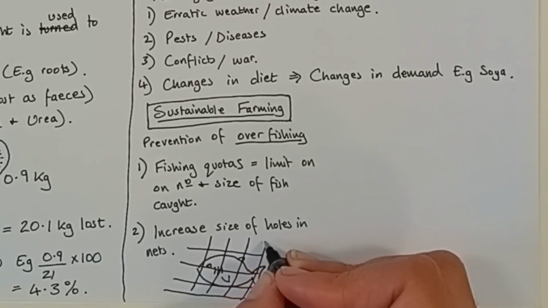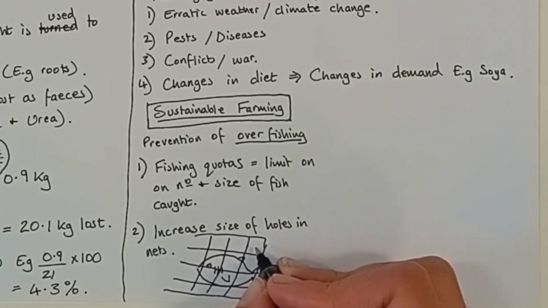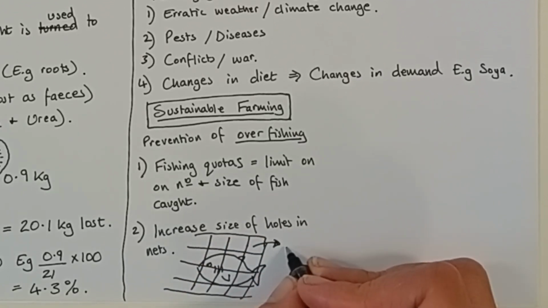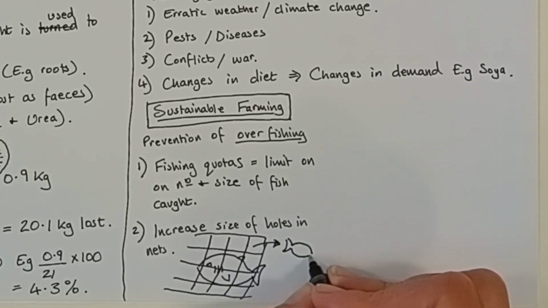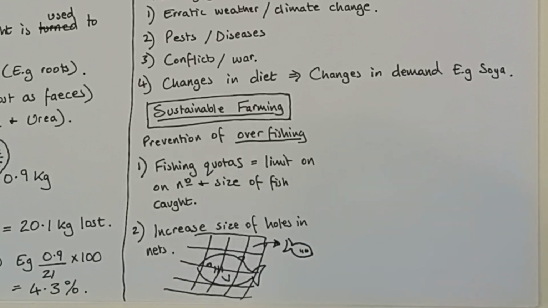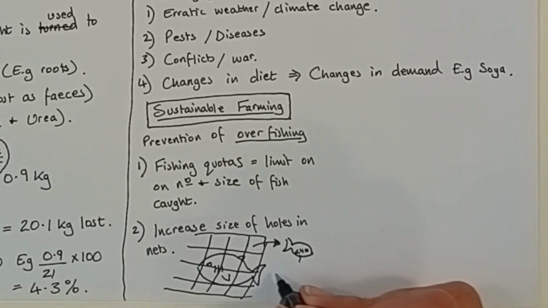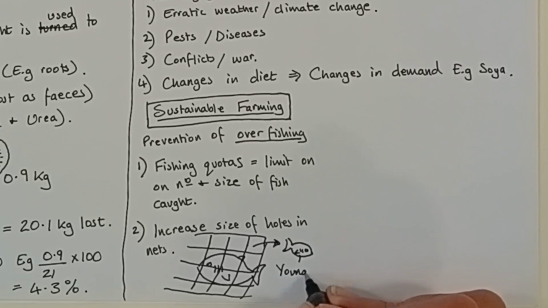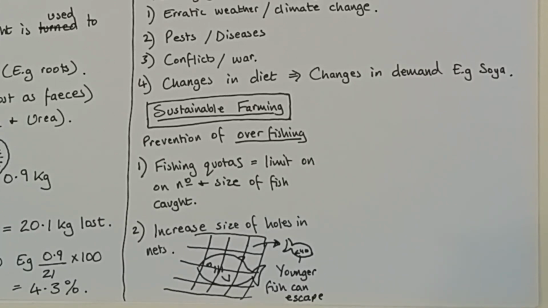But because the holes aren't that big, small fish, young fish, can escape. They can swim out. So the younger fish can escape and keep the population growing. They can just swim through the holes.